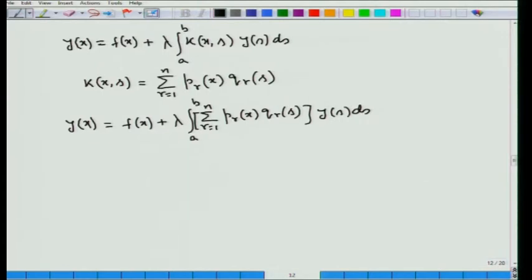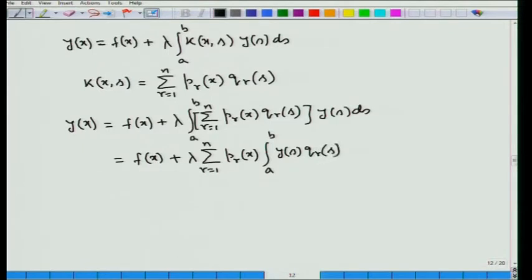ds. As the kernel is separable, we can take this p_r(x) outside the integral sign, and therefore we will have f(x) + lambda sigma r running from 1 to n p_r(x) integral a to b y(s) q_r(s) ds.